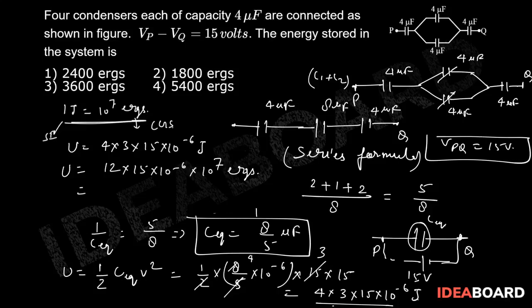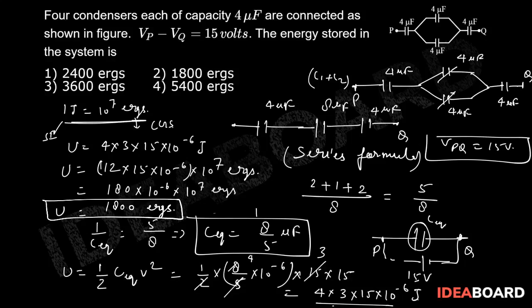So now we converted this value of joule into ergs by multiplying with 10 to the power 7. Now this will give you 180 into 10 to the power minus 6 into 10 to the power 7 ergs, which should give you 1800 ergs. This should be your final value.